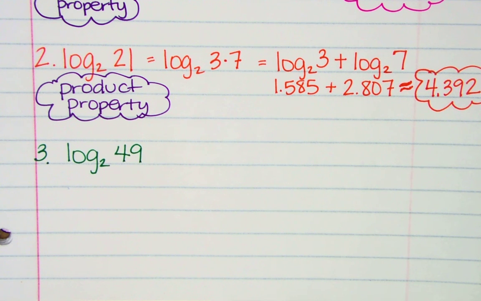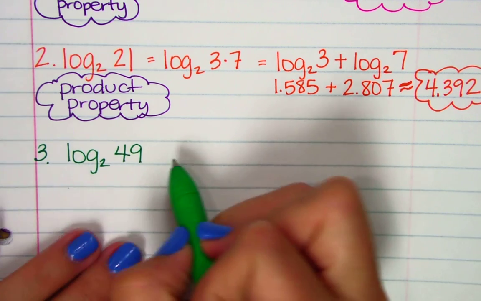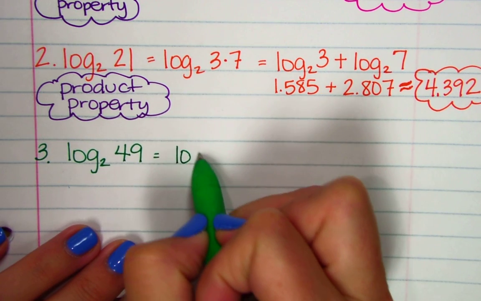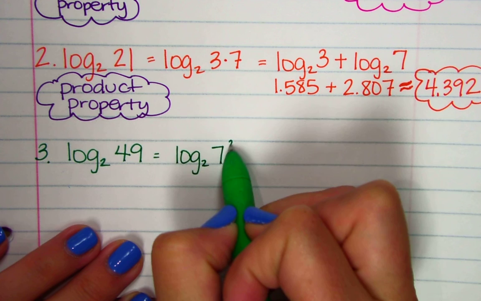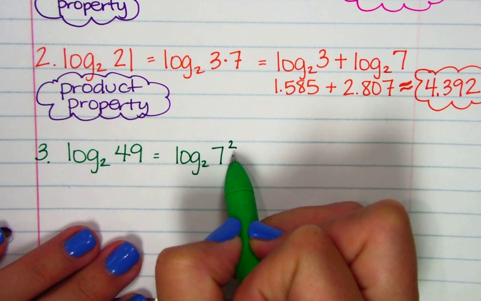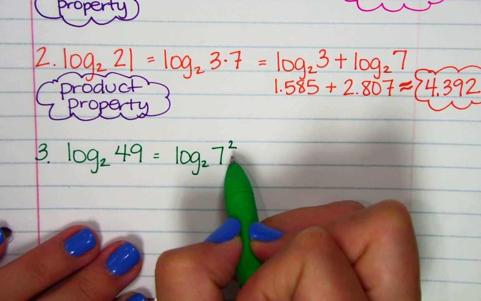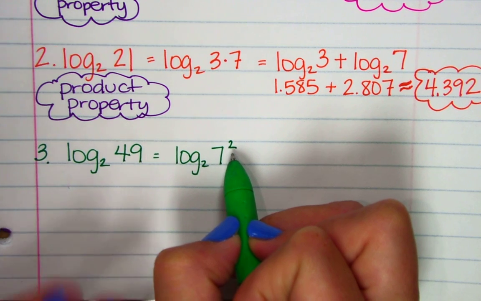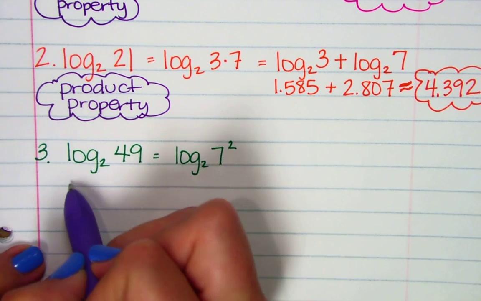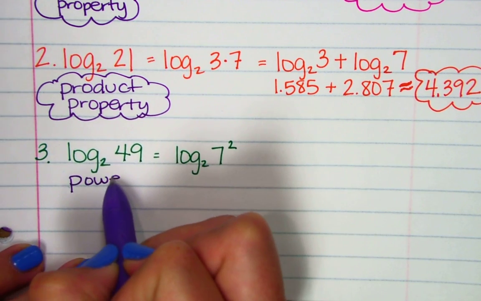How do they get 49 using 3 and or 7? 7 times 7, which would be 7 squared, right? So this is the same thing as log base 2 of 7 squared. Even though 2 is not one of the numbers they used, you can use any exponent you need. Any exponent, even though it's not 3 or 7. And as we just saw at the top, that means they're using the power property.